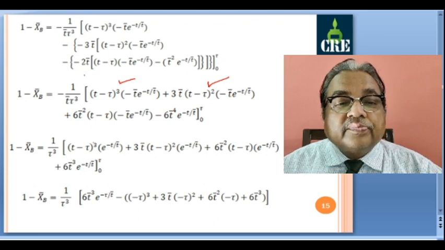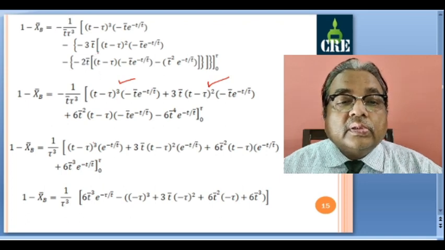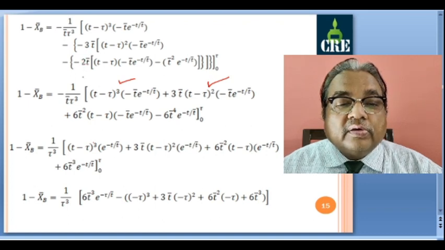And here I have this 3 and 2, 3 into 2 is 6, 6 t bar square, minus minus plus minus minus plus. So t bar square (t minus tau) into bracket, this term as it is.